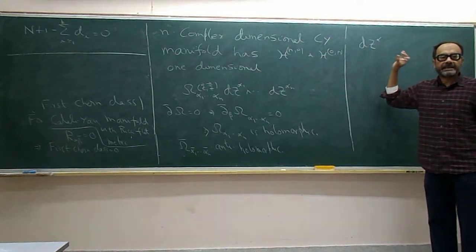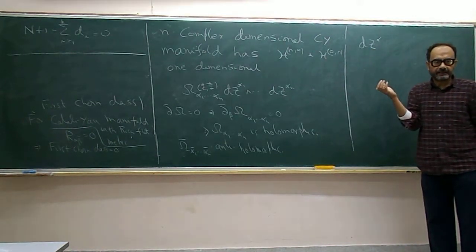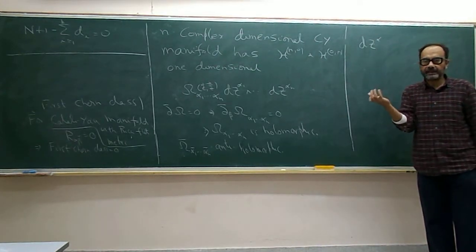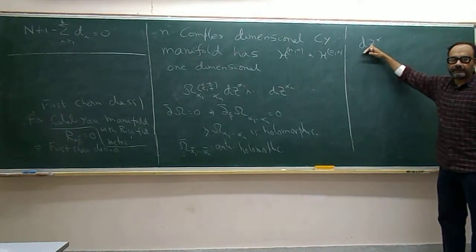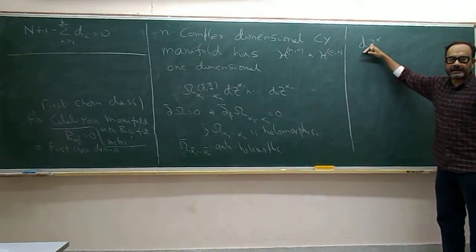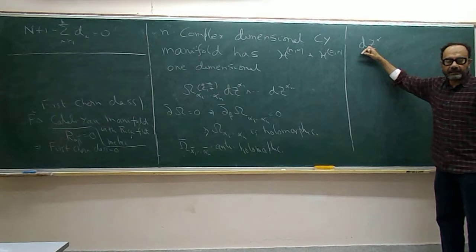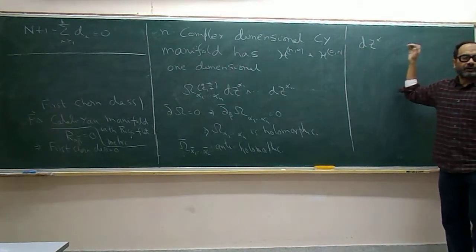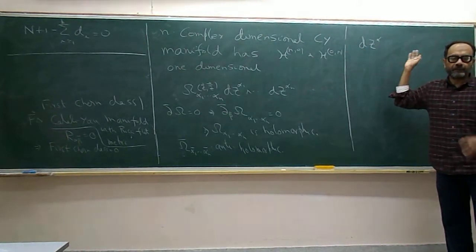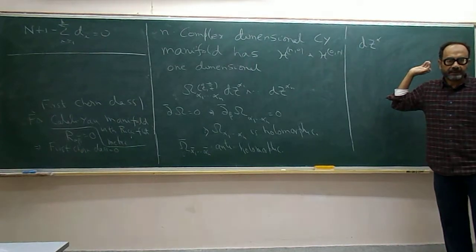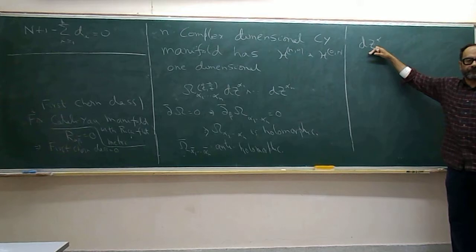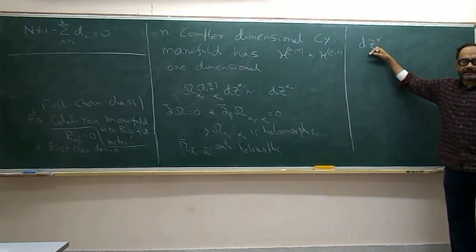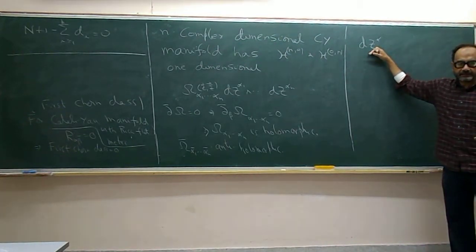And now suppose we change the complex structure a little bit, deform the complex structure infinitesimally. In that case, this dz^alpha, regarded as a real form, we can again decompose into the holomorphic and anti-holomorphic differentials. But because you have deformed the complex structure, this is not going to be purely holomorphic. That's the meaning of deforming the complex structure.